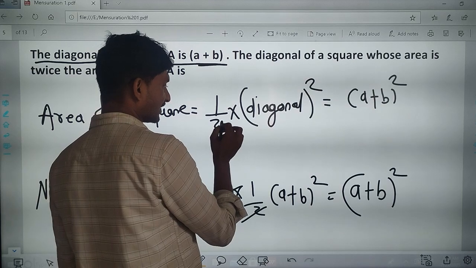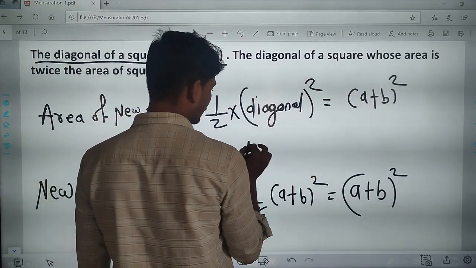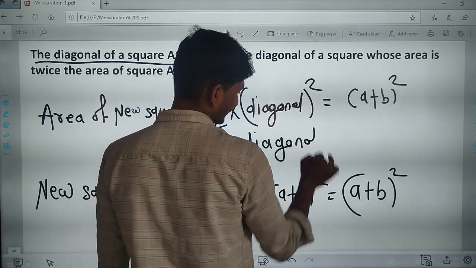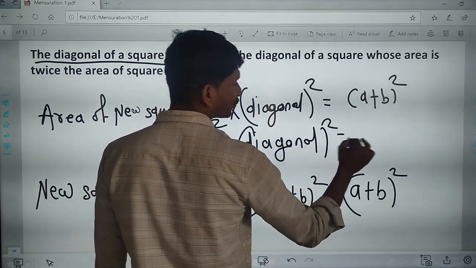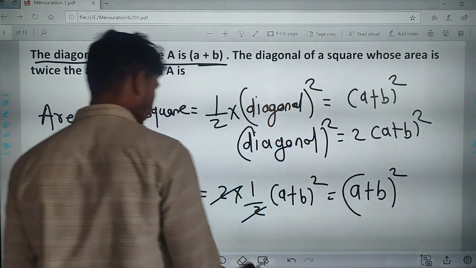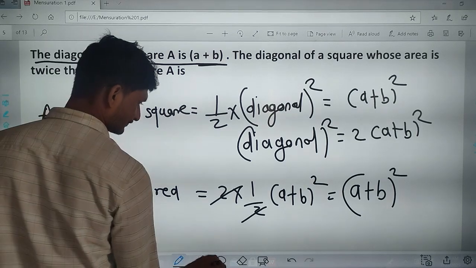Here 2 is divided, here we get multiple. Then diagonal square is equal to 2 into (a plus b) whole square. Then we find the diagonal of the new square.